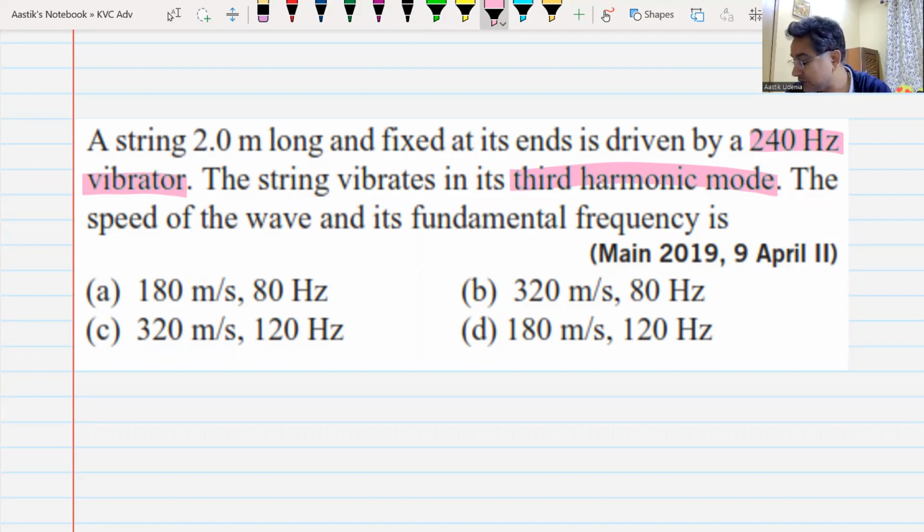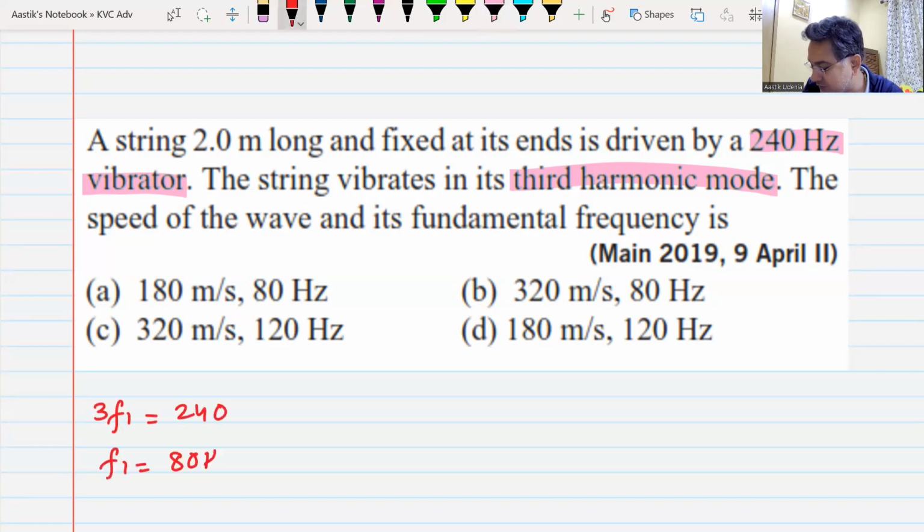It is 3 times F1. Third harmonic, the frequency is 240. The fundamental frequency becomes 80 hertz.